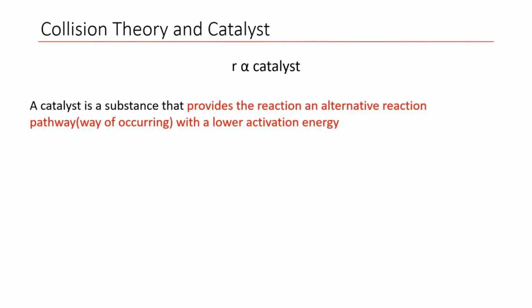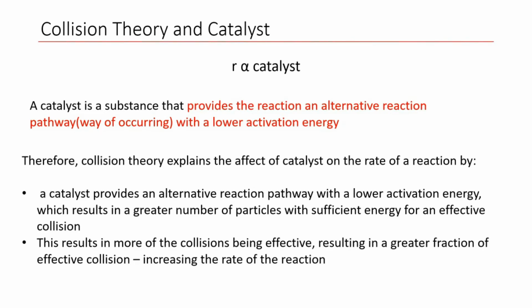So this is one of the ways that it does it. The second way that a catalyst can impact the rate of a reaction is that it helps to ensure the correct orientation. It allows the particles to collide in the correct orientation.